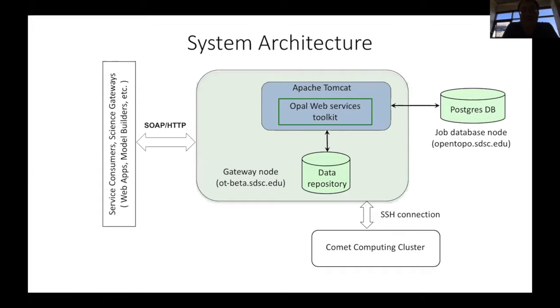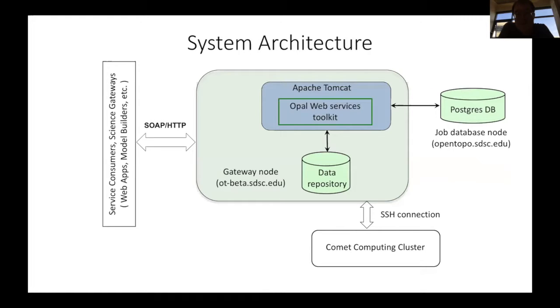This is the system architecture of what we did for ECSS support. Usually an Opal client, a service consumer or science gateway, targets the Opal API, built on SOAP and the HTTP protocol.